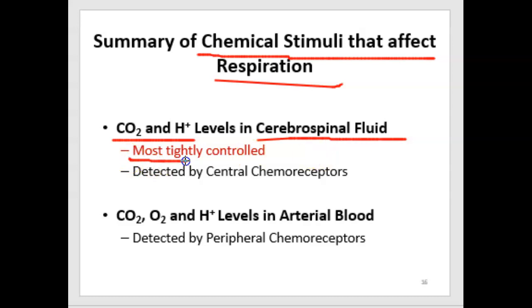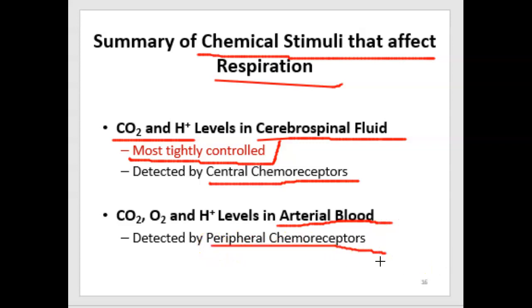So this is the most tightly controlled fluid, and the central chemoreceptors are right there. It doesn't take very long either for them to detect and send a signal to the medulla oblongata to change respiration. And secondly, levels of CO2, hydrogen, and oxygen are monitored in the arterial blood by those peripheral chemoreceptors in arteries.